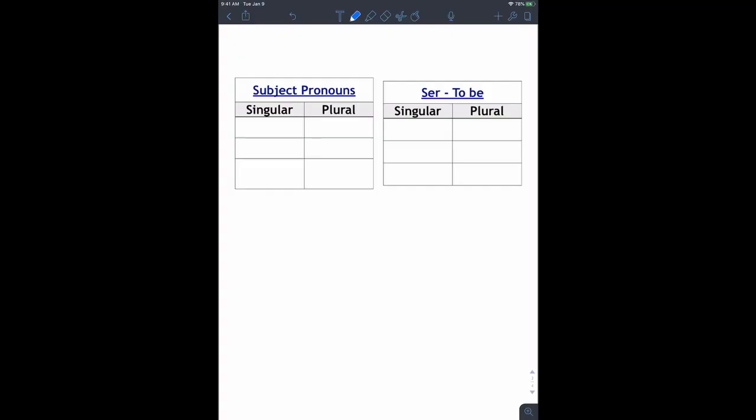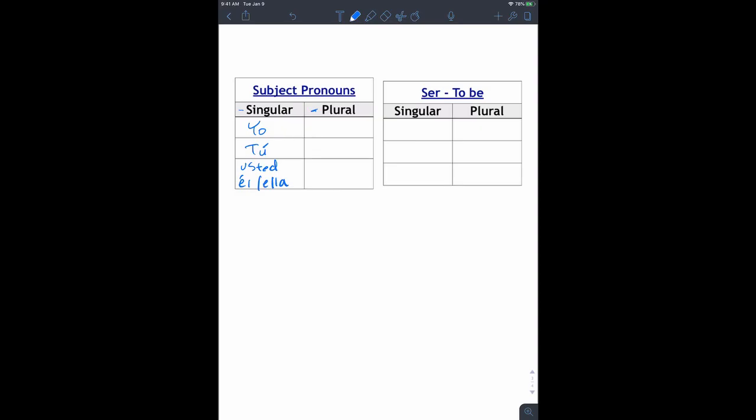In order to use ser in Spanish, we need to look at some subject pronouns first. So our Spanish subject pronouns, as we know already, are yo, tú, usted, él, ella, which are our singular pronouns.